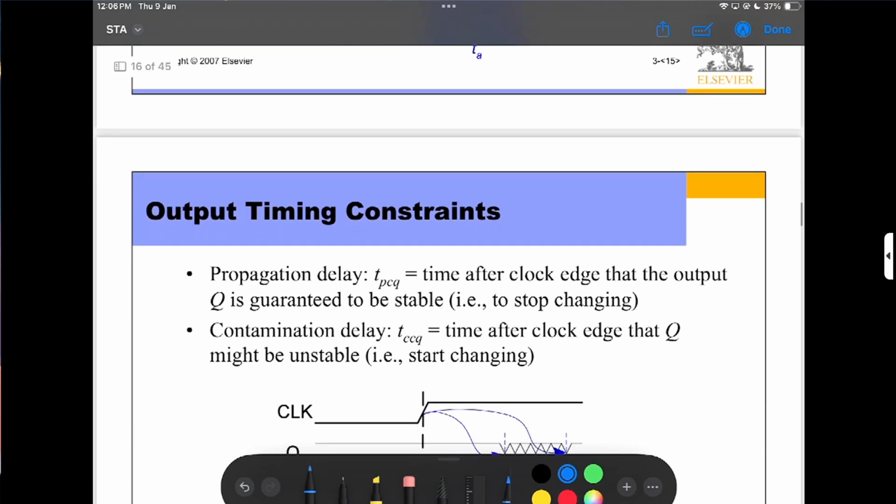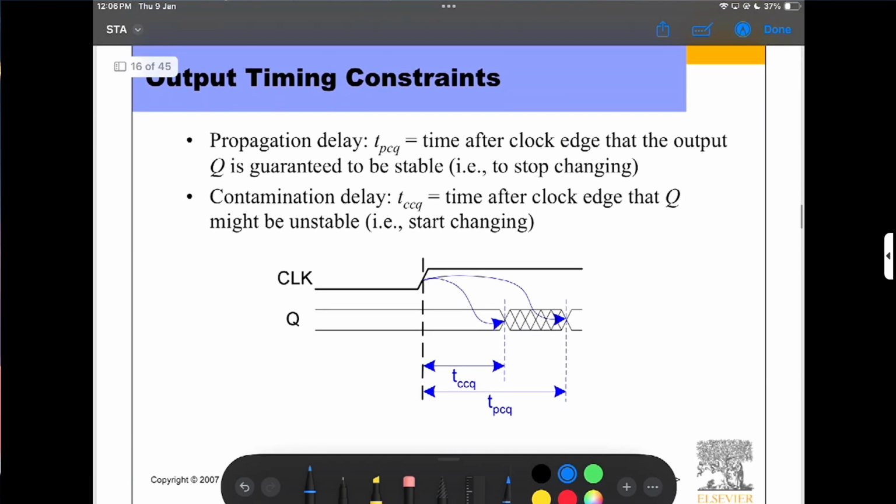Now the output timing constraints. Propagation delay, TPCQ, is the time after the clock edge that the output Q is guaranteed to be stable and stop changing. Contamination delay, TCCQ, is the time after the clock edge that Q might become unstable, so it starts changing.